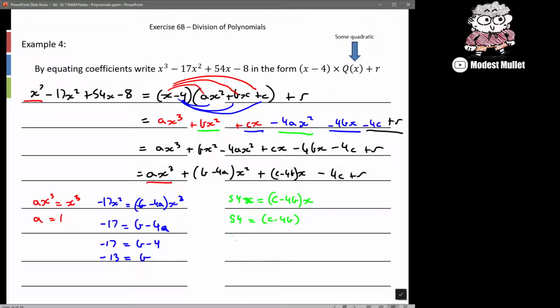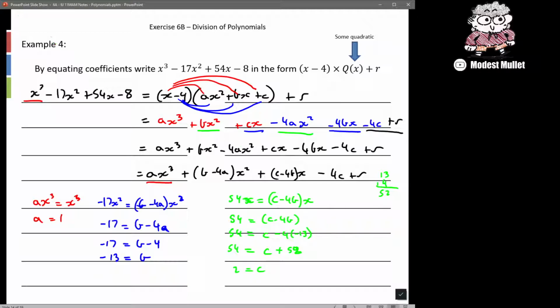And we already figured out b was negative 13, so we get 54 is equal to c, take away 4 by negative 13. 54 is equal to c plus 4 by 13. Just going to do it over here quickly. 4 3s are 12. Carry the 1, 4 1s are 4, 52. Take that away. We get 2 is equal to c.